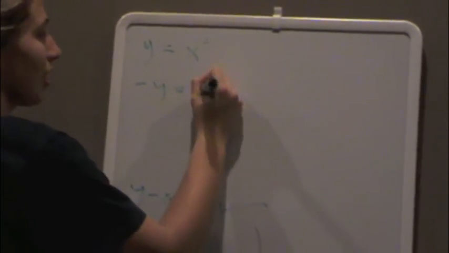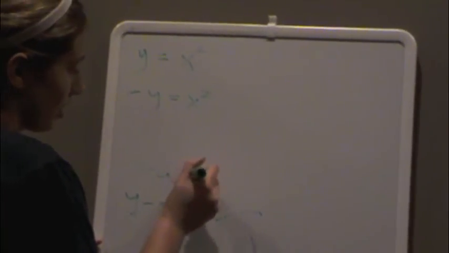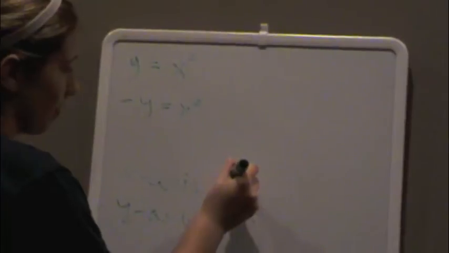Alright, now for the x-axis, we would have to plug in a negative for the y, so that this one would equal negative y equals x squared, which does not equal the original equation, so this one is not symmetric in relation to the x-axis.